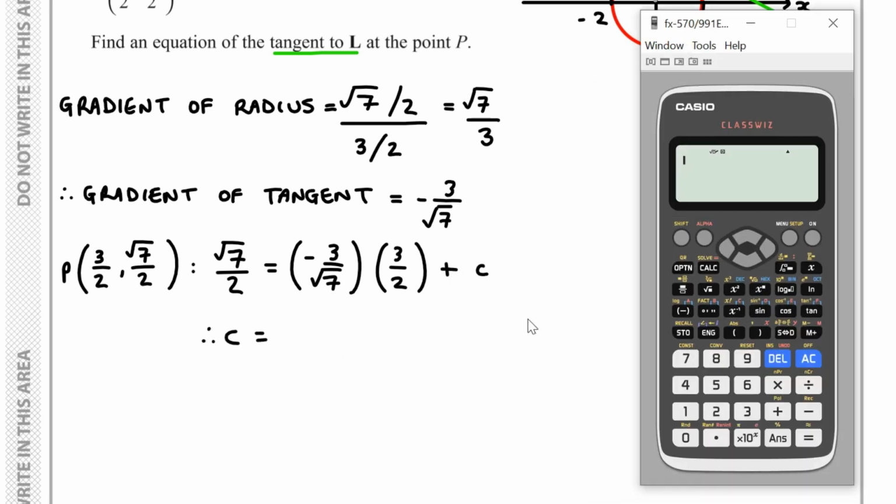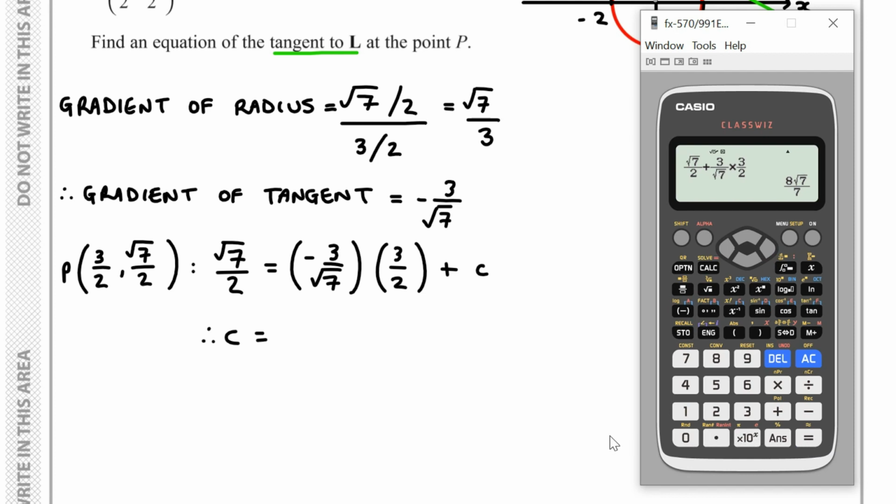So c is equal to √7 over 2, plus, because if I take this over to the other side it becomes a plus, 3 over √7 multiplied by 3 over 2.